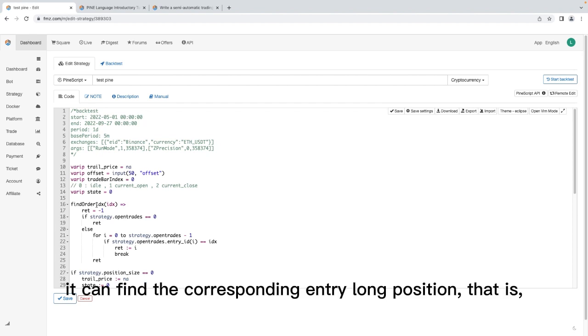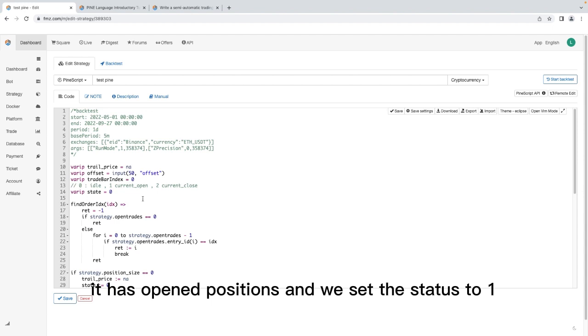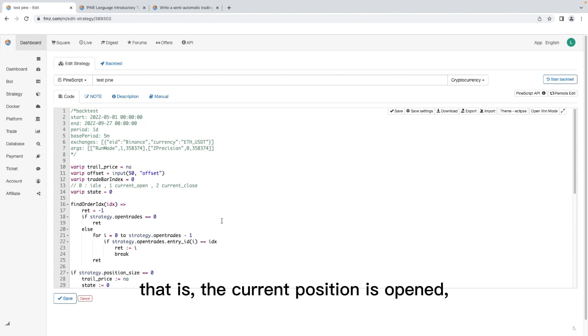It can find the corresponding entry long position, that is, the entry long position is open and it is greater than 0 if it has entered the market at this time and has opened positions, and we set the status to 1 at this time. That is, the current position is opened.